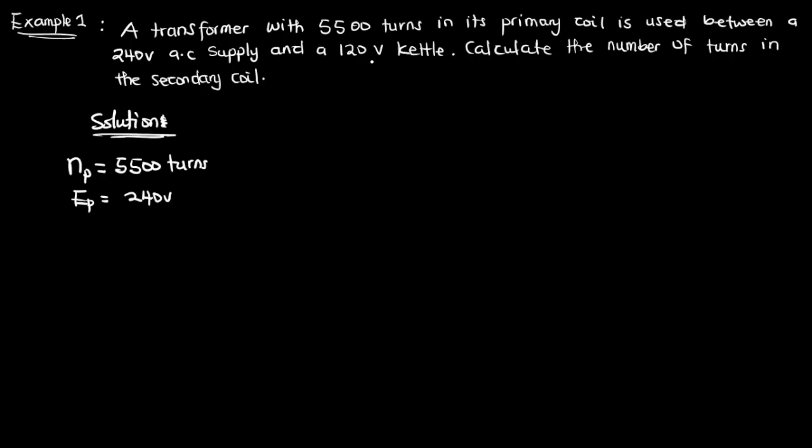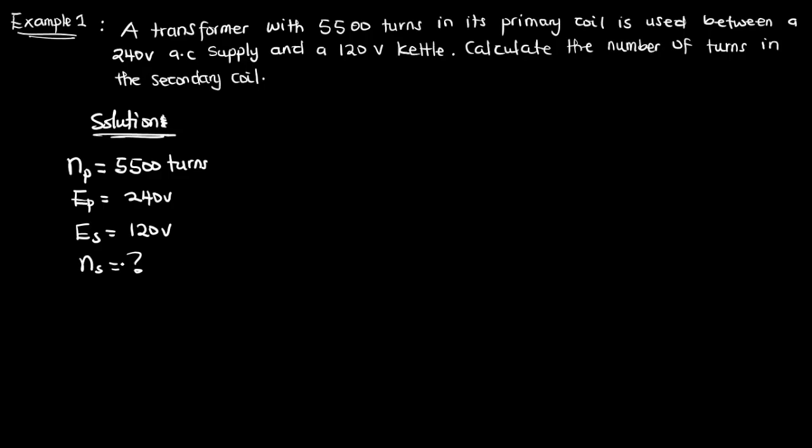And then a 120 volt kettle means the kettle, if you plug it, is going to draw 120 volts, which is the secondary voltage or the secondary EMF. So our ES is 120 volts. We have to calculate the number of turns in the secondary coil. That is what we do not know.